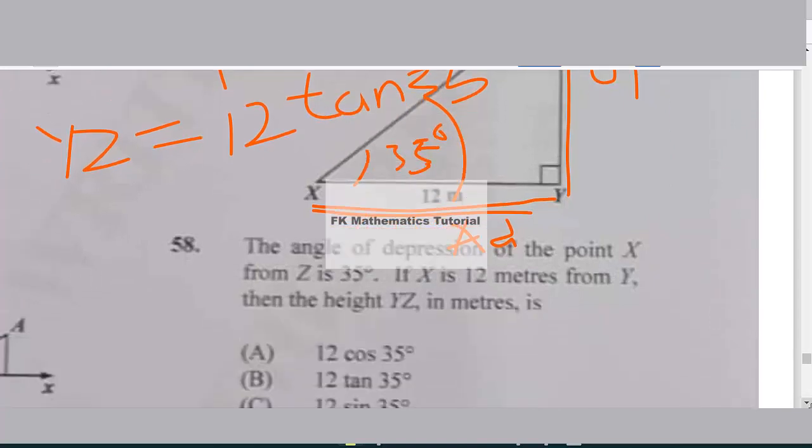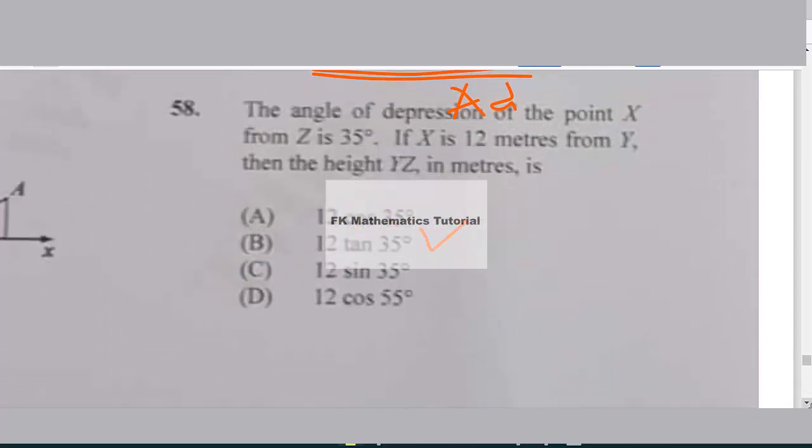So tangent of the angle should be equal to opposite, which is YZ, over adjacent, which is 12. So if you cross multiply, you get YZ equal to 12 tan 35 degrees. So 12 tan 35 degrees is the correct answer.